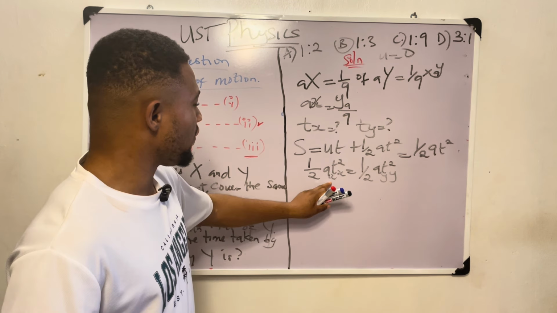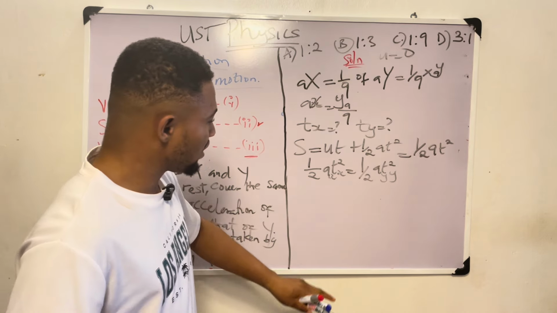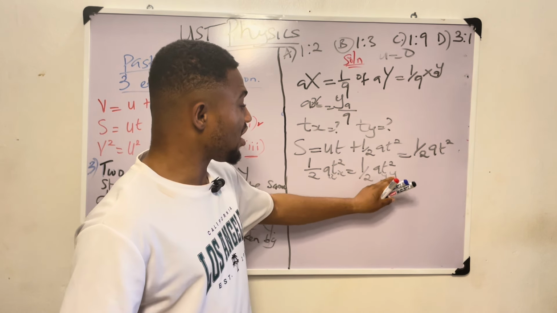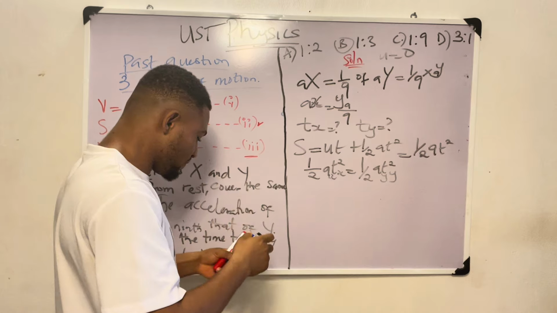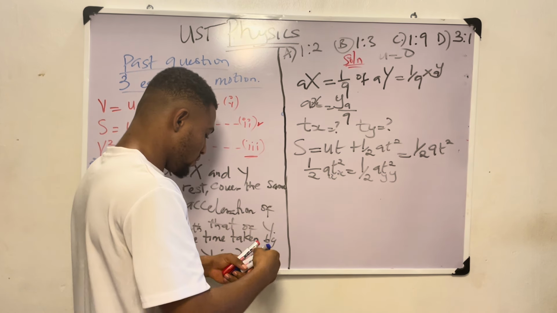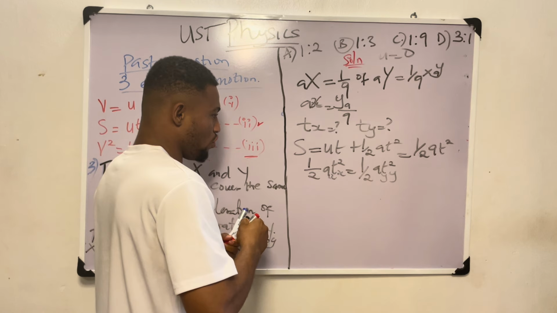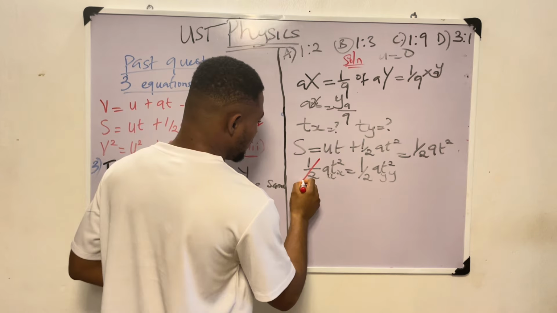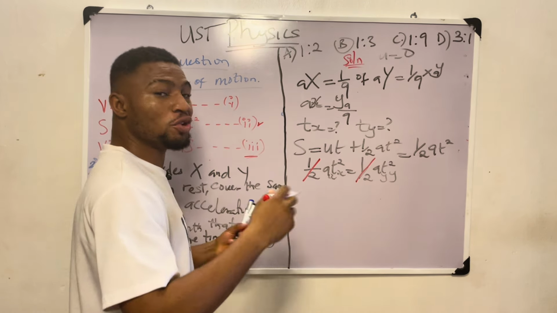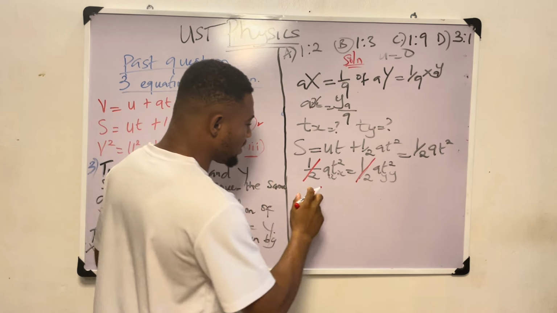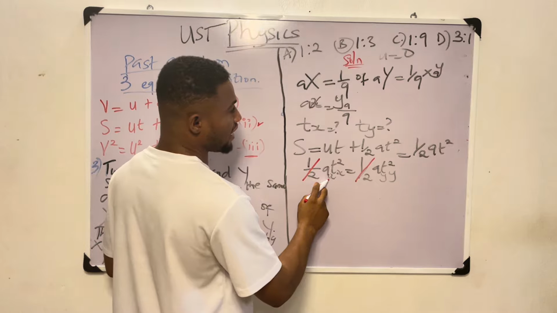This is the acceleration of X, time taken by X. Acceleration of particle Y, time taken by particle Y. So we have two equal things here, the halves. We rule them out. What is the acceleration of X? AX.